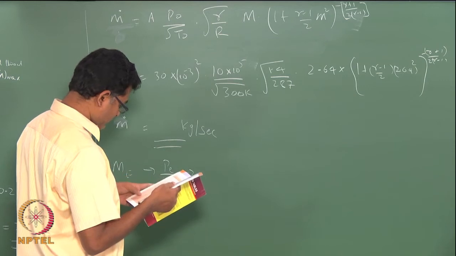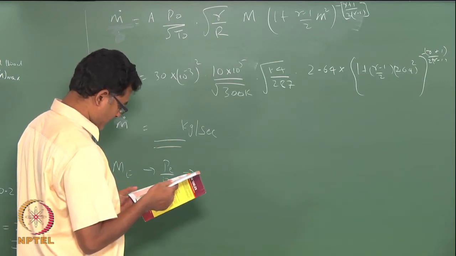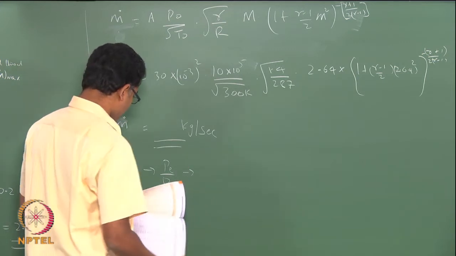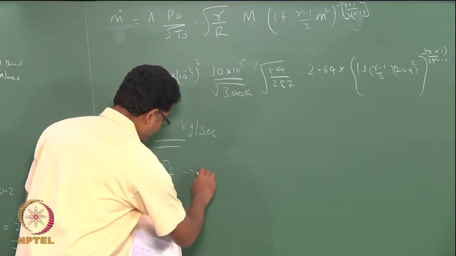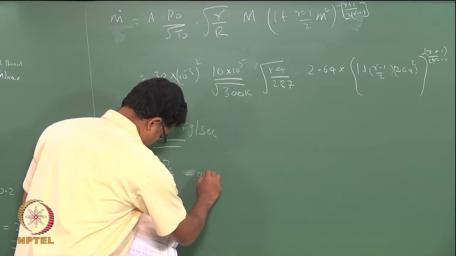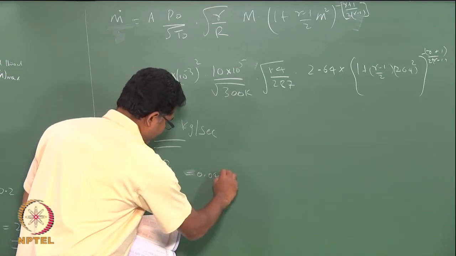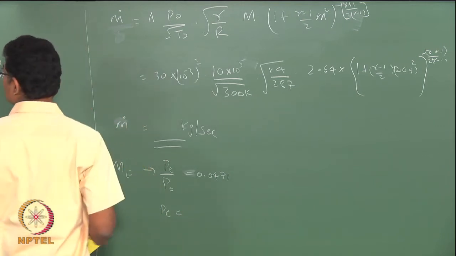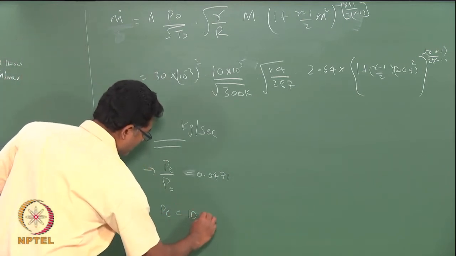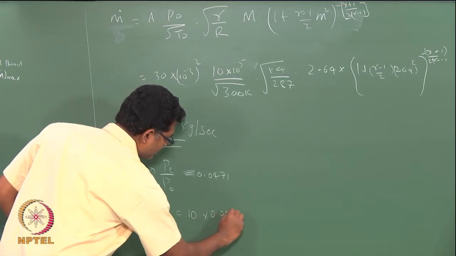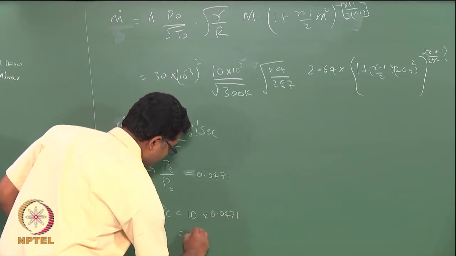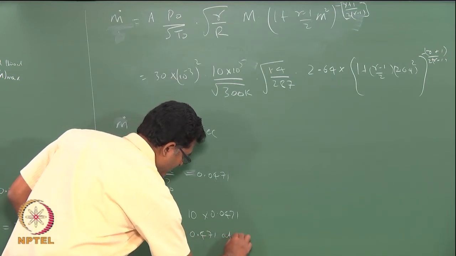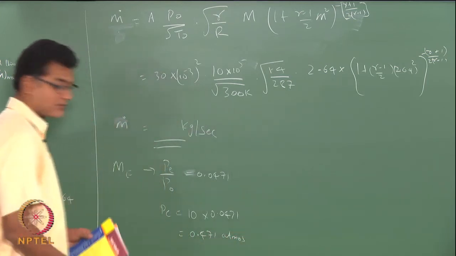For 2.64, my P by P0 is 0.0471, from which I can get P exit as 10 into 0.0471, which is 0.471 atmospheres.